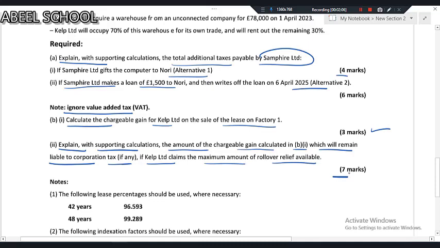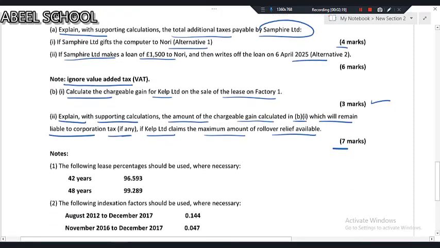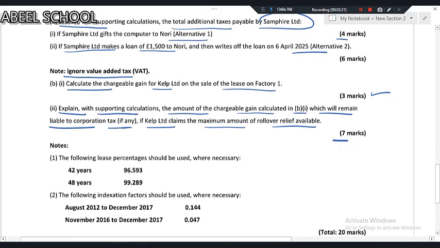So after getting the rollover relief, what amount is still chargeable under corporation tax? You need to calculate that and explain also.